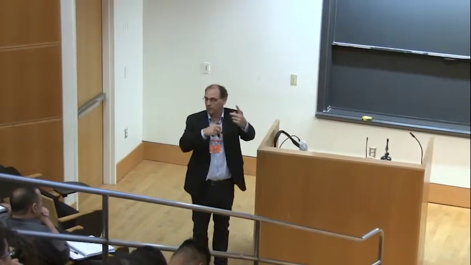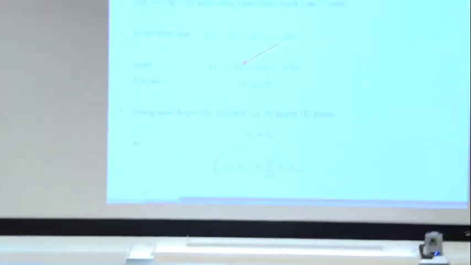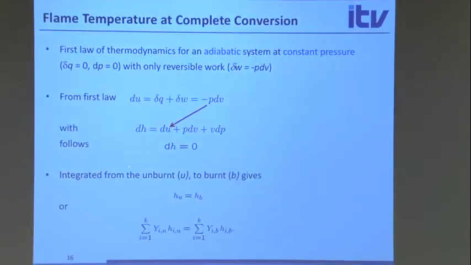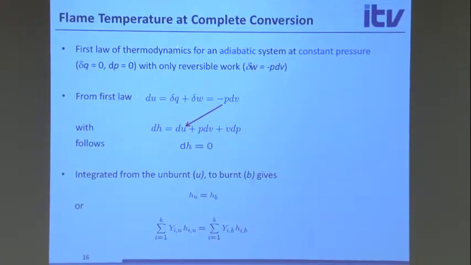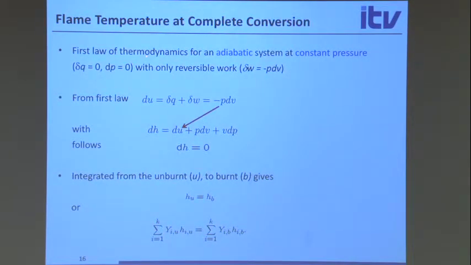And that chemical energy will then be converted to thermal energy, and so it allows us to compute the temperature. So again, we write the first law. We want to consider a system that's adiabatic and at constant pressure.